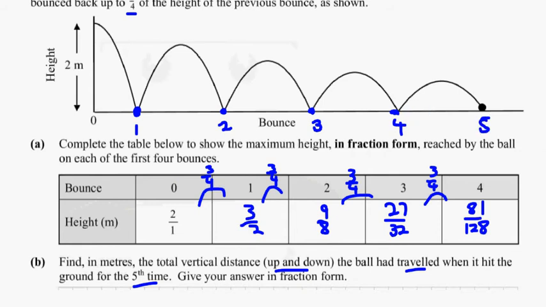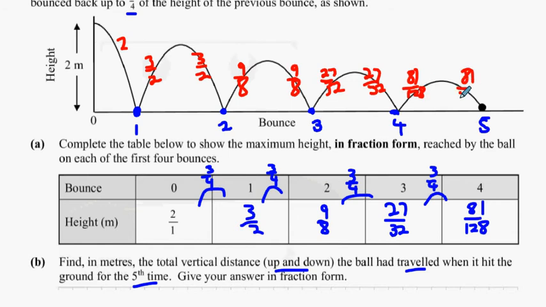And what we're saying is that that's 2, 3/2, 3/2, 3/4, 3/4. Oh, sorry, not 3/4, 9/8, excuse me. 3/2, 3/2, 9/8, 9/8, 27/32, 27/32, 81/128, 81/128.